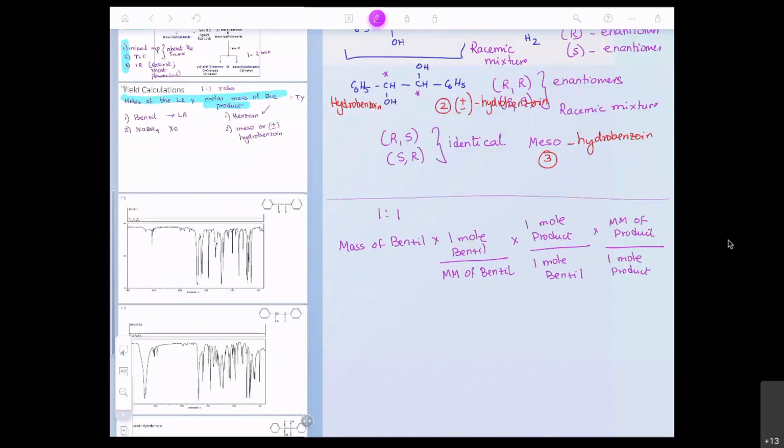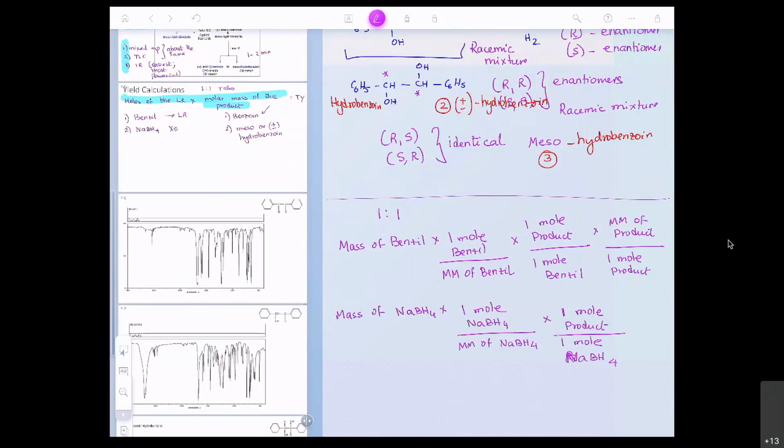Now, mass of sodium borohydride is different. It's 1 mole sodium borohydride, of course, then it's the molar mass of sodium borohydride. But it's not a 1-to-1 ratio. 1 mole of product does not require 1 mole of sodium borohydride, because you've got 4 hydrides.